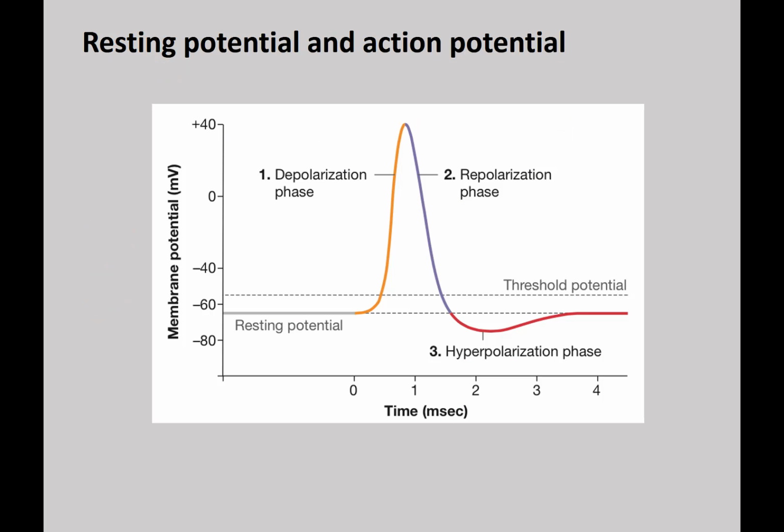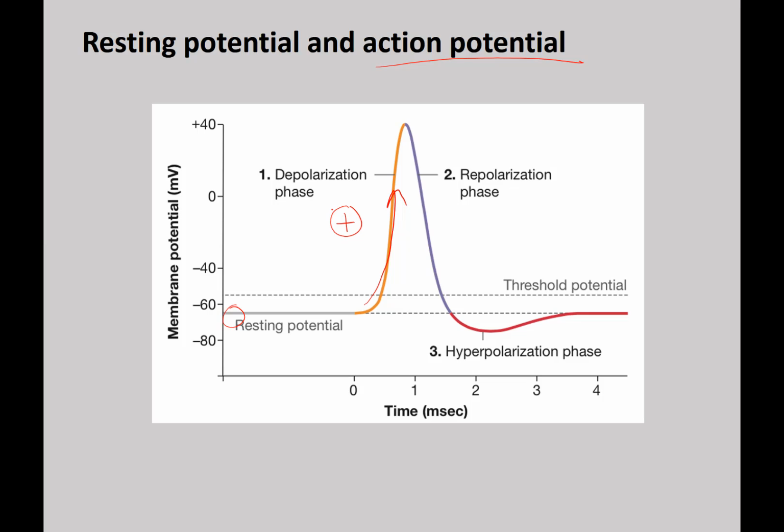Okay. So resting potential and action potential. Here we are, negative number, resting potential. This is where most cells stay. But with a neuron that can be electrically excited, what you have, and this is a graph of an action potential, is an increase in the positive value inside the cell.